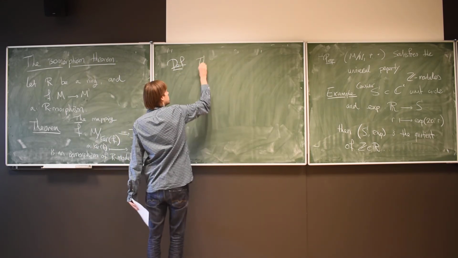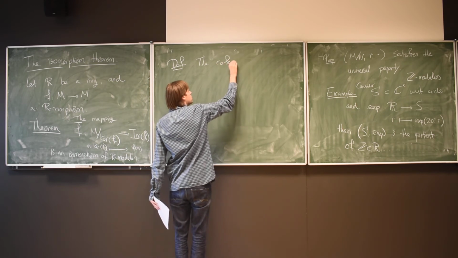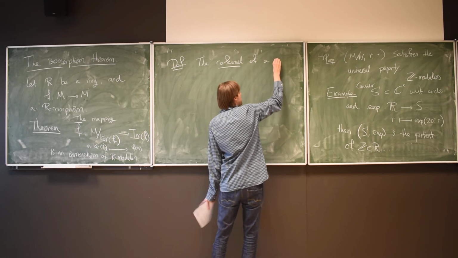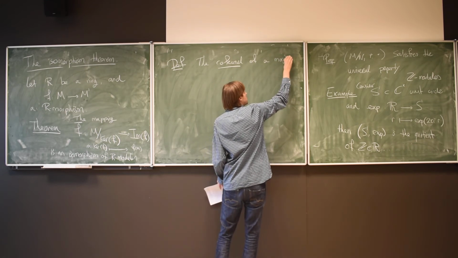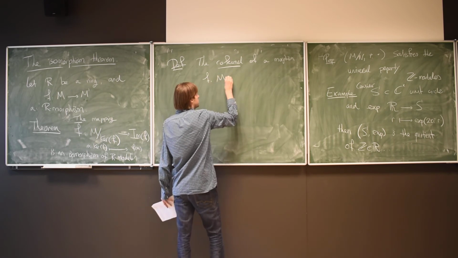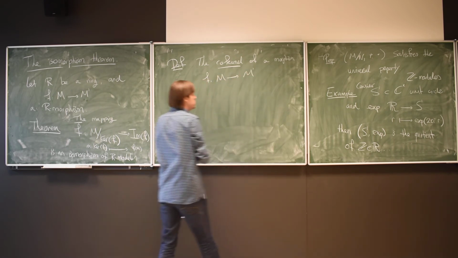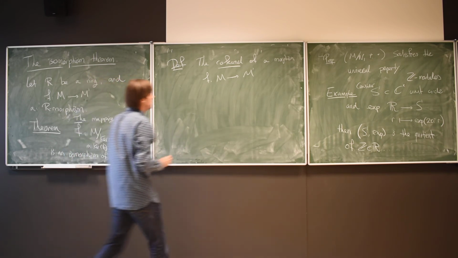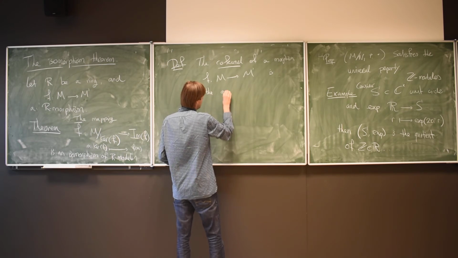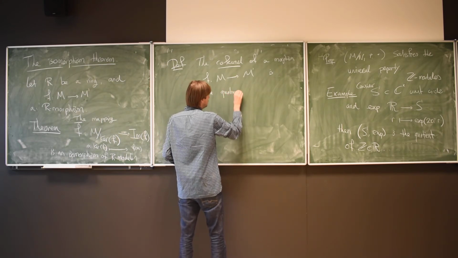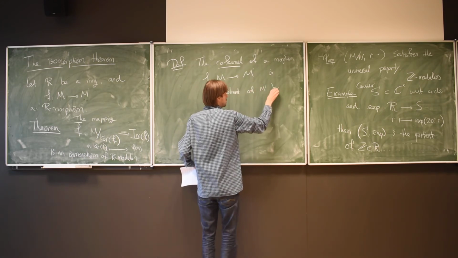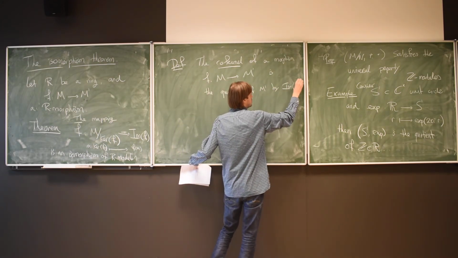The co-kernel of a morphism f from M to M prime between two R modules is the quotient of M prime by the image of f.